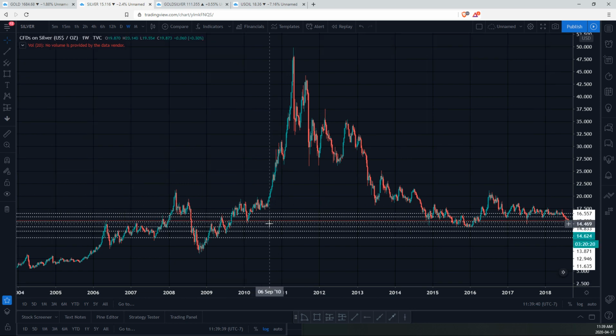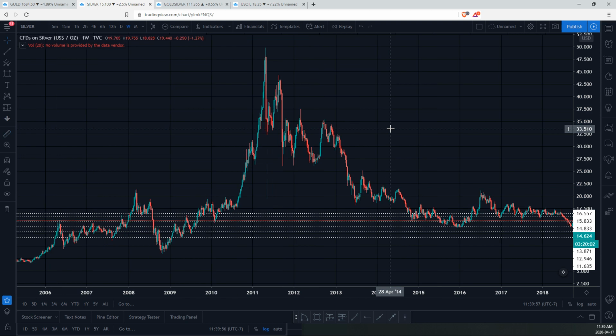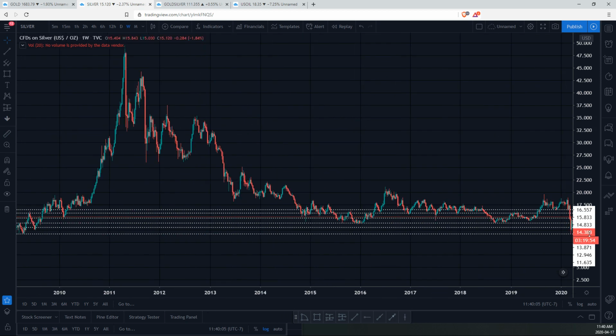Just looking at August of 2010 until April 2011, we saw the price go from $18 to $47, $48, let's say, which is around 166% in a very short amount of time. So silver is extremely volatile compared to gold, and we can see it absolutely explode, but that's just mad speculation.